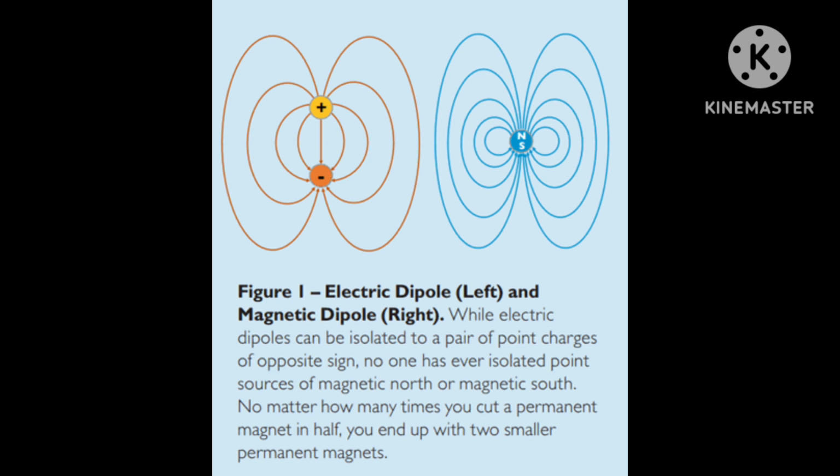If unpaired, it is paramagnetic. If only pairs are there, it is diamagnetic. Question is asked: pairing of electrons cancels their magnetic moment and they lose their magnetic character.